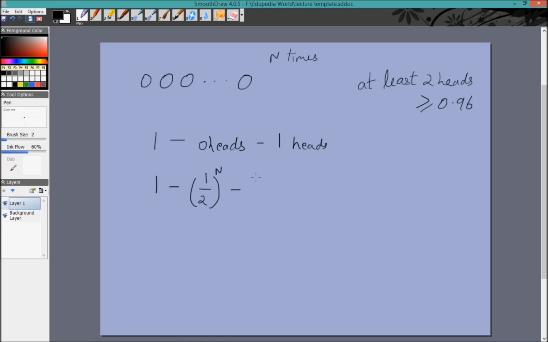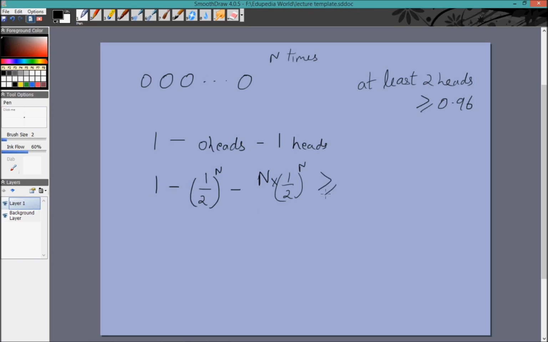So there are n places for that particular head to occur. Now once we've decided that particular toss is a head and every other is a tail, 1 by 2 probability for that to be head, 1 by 2 probability for all the others to be tail. So we again multiply by 1 by 2 whole to the power n, n minus 1 for the n minus 1 tails and another for the head, because the probability of getting head is 1 by 2.